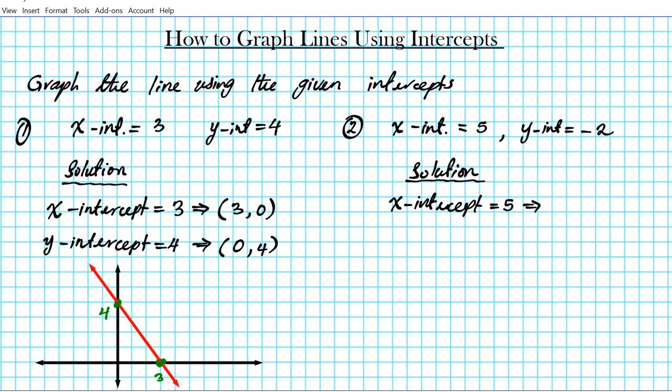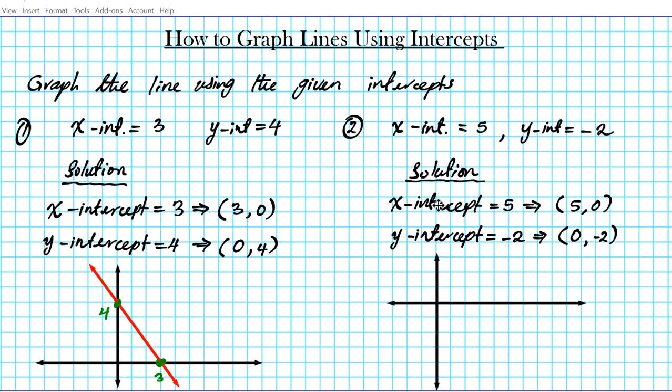So we know that it goes through the point (5, 0). Alrighty, so the y-intercept is -2. It means that the graph cuts through the y-axis at -2 and the other coordinate is definitely going to be 0 since you're on the y-axis.